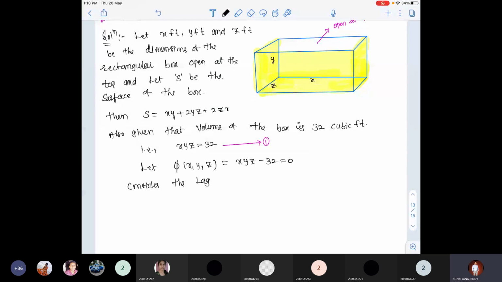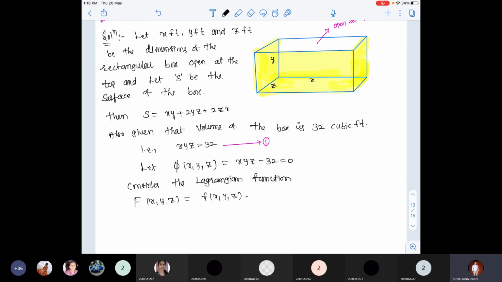What is the Lagrangian function formula generally? Capital F of x comma y comma z is equal to small f of x comma y comma z plus lambda into phi of x comma y comma z. It is the Lagrangian function.